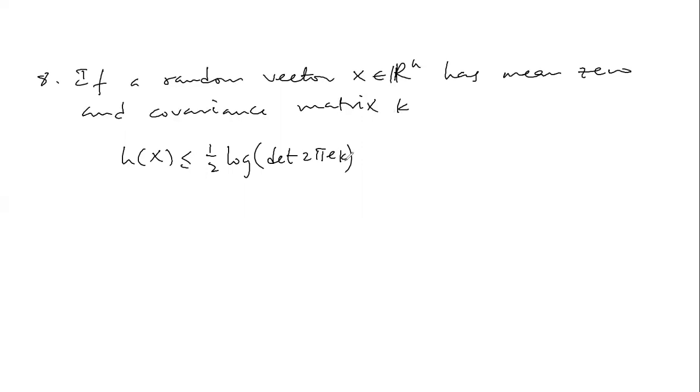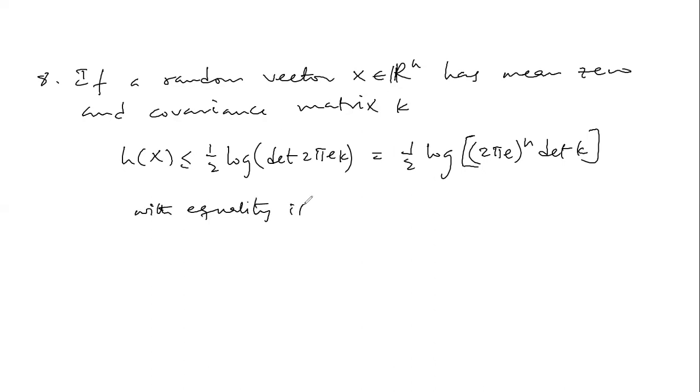The last time we used sigma, right? So this is going to be the same as half log 2 pi e to the power of n determinant K. Now equality will exist here if and only if X is jointly Gaussian.